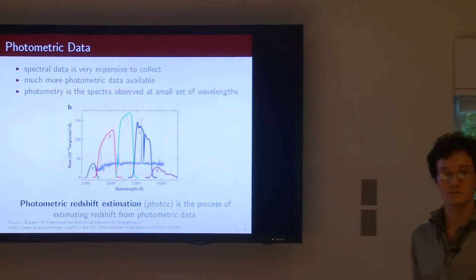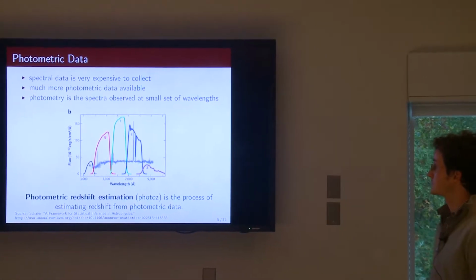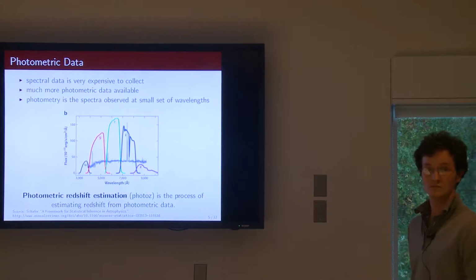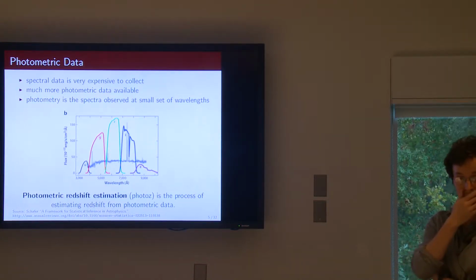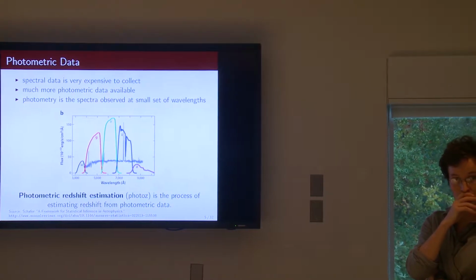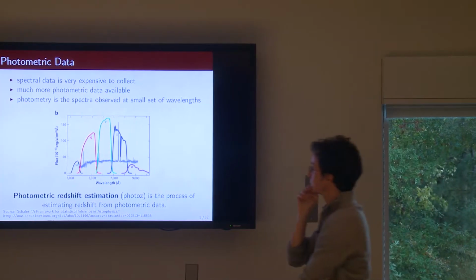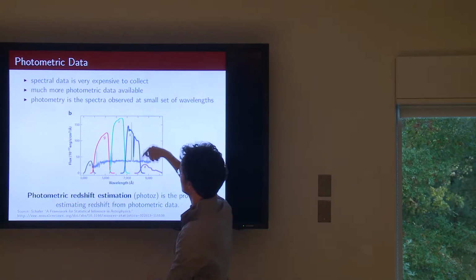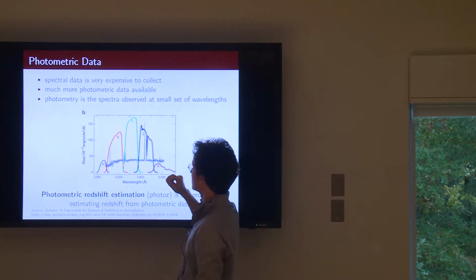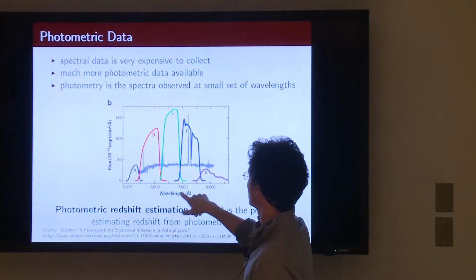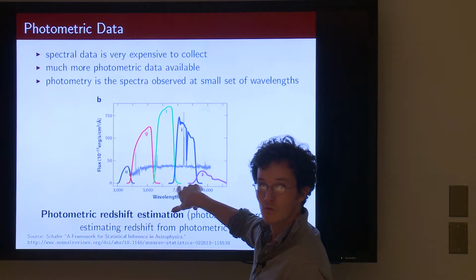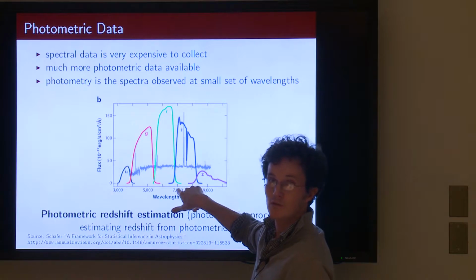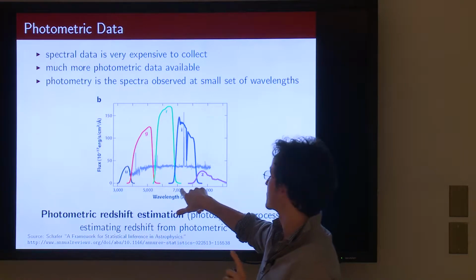So we observe the entire range of wavelength of light, but if we use different filters, does that mean, for the I filter, for example, we observe wavelengths between 7,000 and 8,000? Yes, so we observe that range of wavelengths.